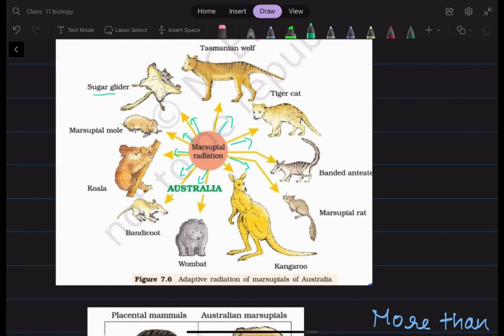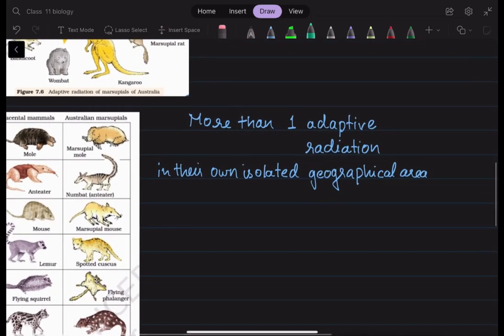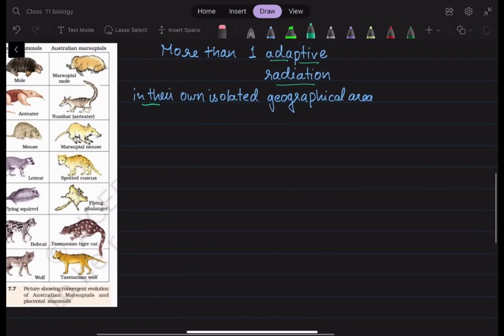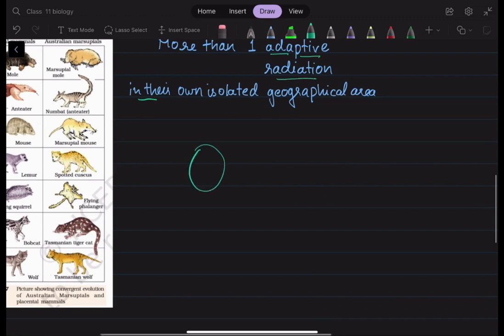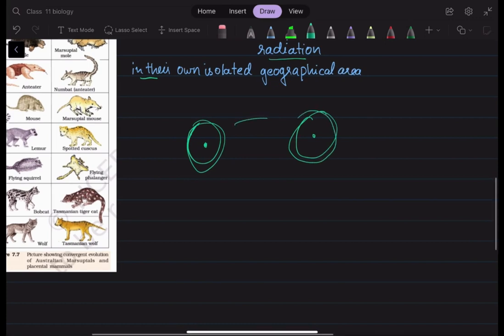Now, one special case of adaptive radiation is when more than one adaptive radiation takes place in their own respective isolated geographical areas. So there were two isolated geographical areas, and adaptive radiation was taking place in them, and the different kinds of habitats present in the two isolated geographical areas corresponded to each other.